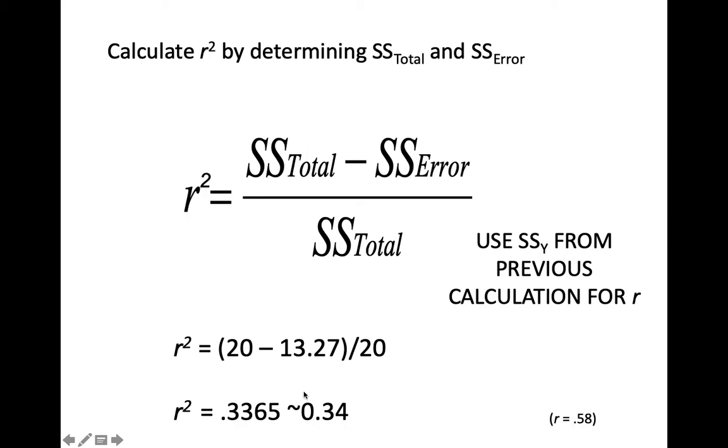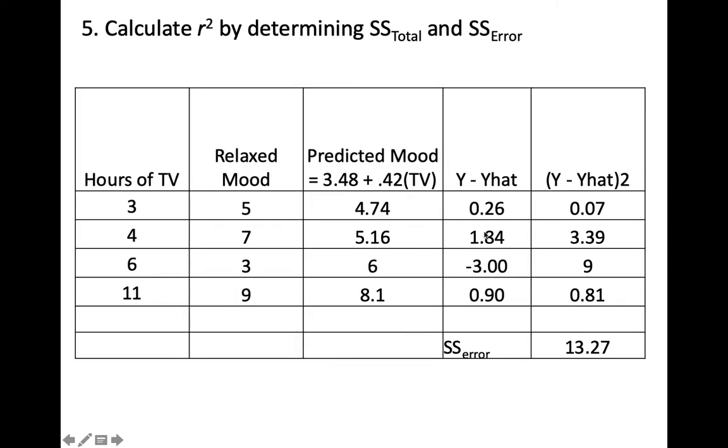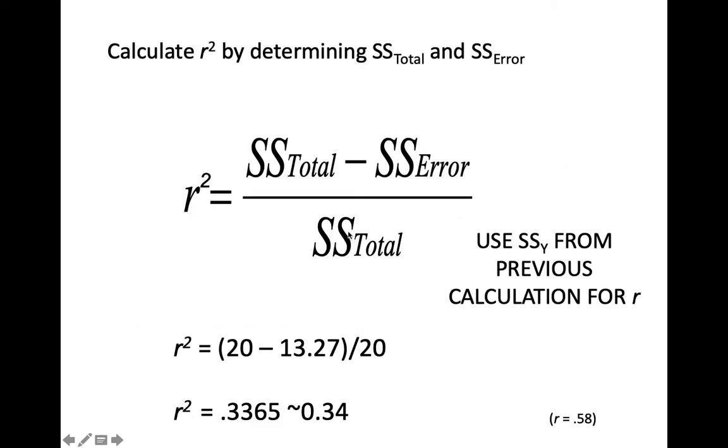And you might say, why in the world would I ever go through this long process of calculating the deviations and squaring the deviations and summing them up and then using this formula when I could just square the correlation coefficient?